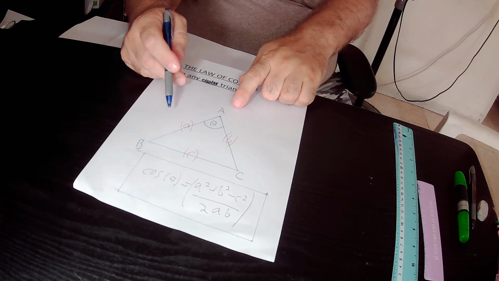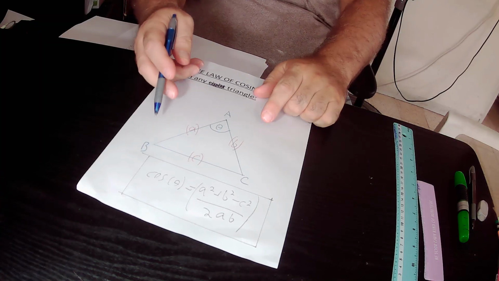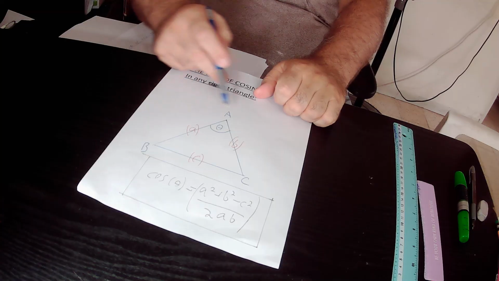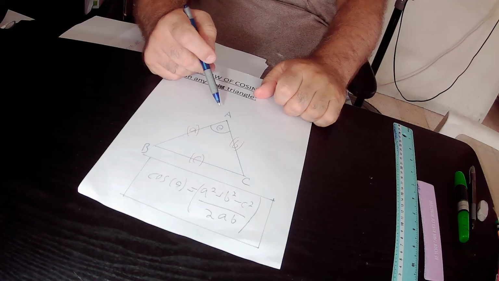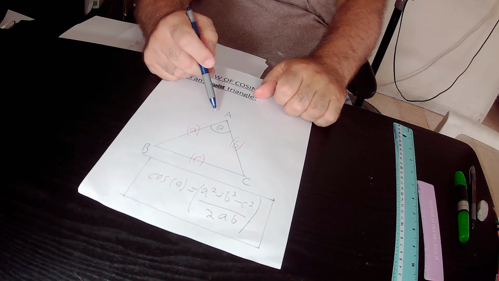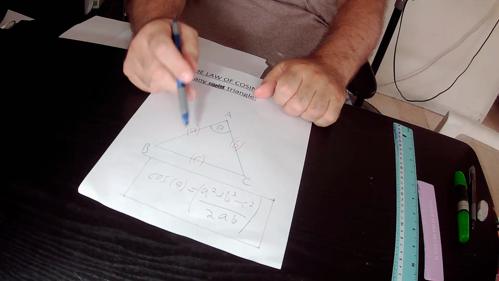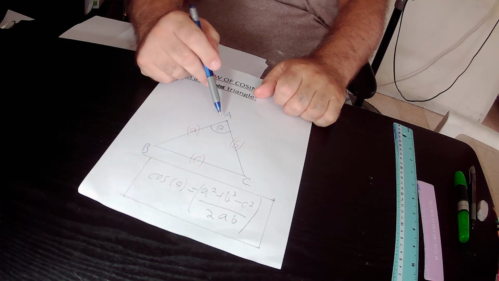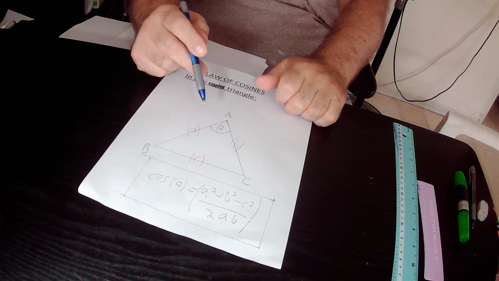Side AB equals A units, side AC equals B units in its length, side BC equals C units in its length, angle BAC equals theta degrees in its size. According to the law of cosines, the following equation is true in this triangle ABC: cosine theta equals A squared plus B squared minus C squared over 2 times A times B. Again, cosine theta equals A squared plus B squared minus C squared over 2 times A times B.